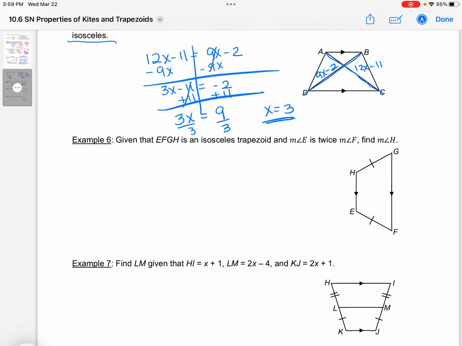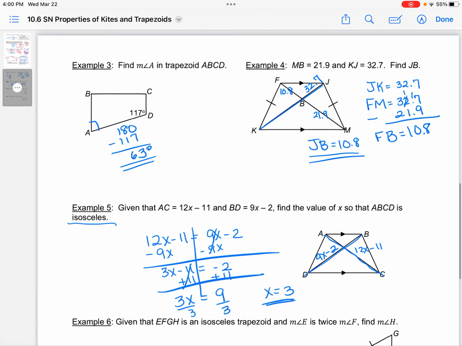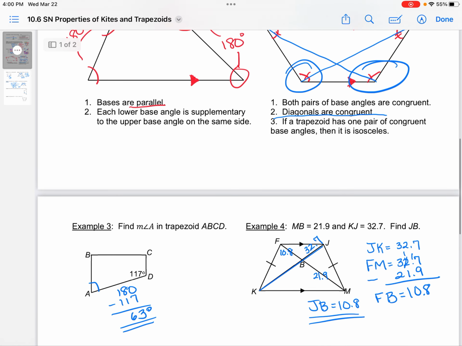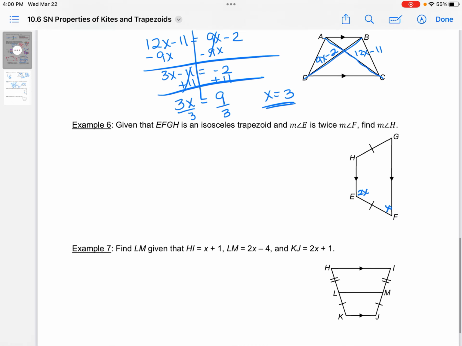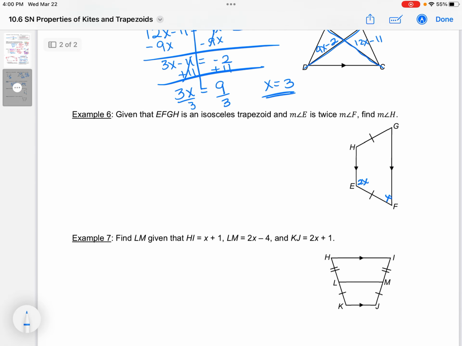Okay, isosceles trapezoid again. The measure of angle E is twice F. So if this is X, this is 2X. And I'm looking for H. So let's go back up here and look. Isosceles trapezoid. The base angles are congruent. So that means that this is also X and this is also 2X.